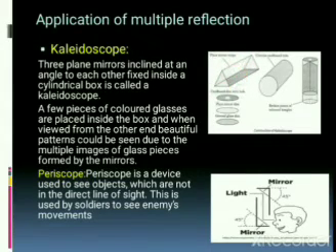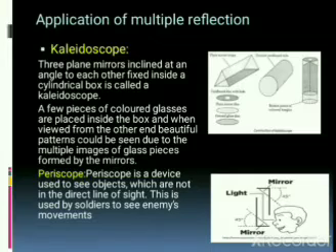The 3 plane mirrors are inclined in such a way that it looks like this, and this sort of thing is inserted into a cylindrical structure. This disc is inserted over here, and some different color patterns are inserted. And if we shake this, the final structure looks like this.